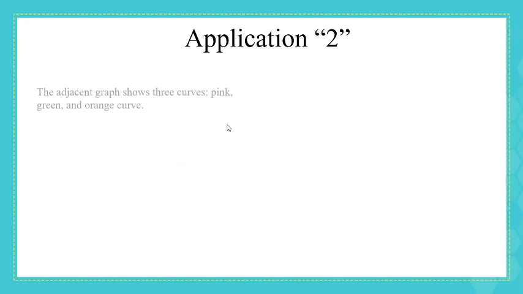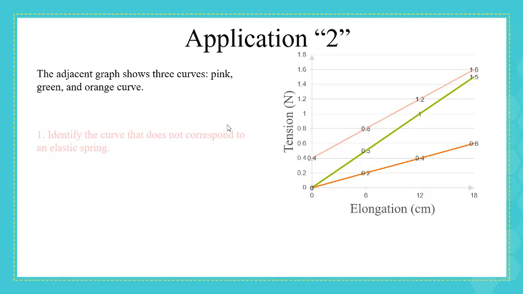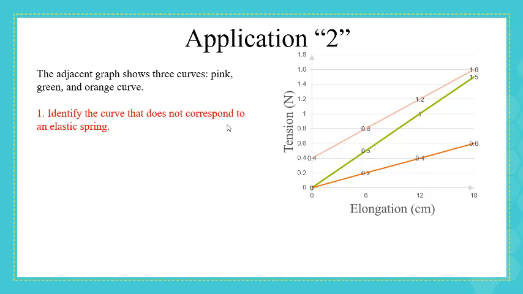Application 2. The adjacent graph shows 3 curves, pink, green, and orange curve. Number 1, identify the curve that doesn't correspond to an elastic spring. We said that the characteristic curve of an elastic spring that obeys Hooke's law should be a straight line, and also should pass through the origin.